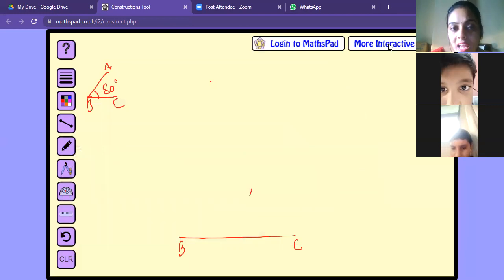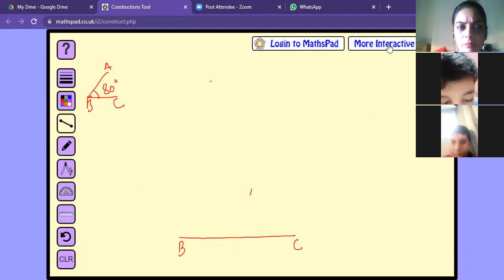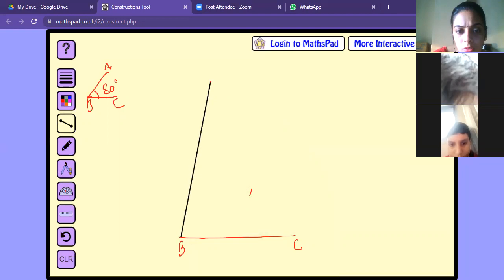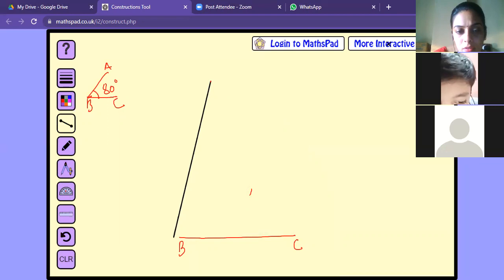Now what do we have to do? I have got 80 over here. So what should I do? I removed the protractor, because I want to join a line, right? So I have to join it at B. This way we can join at B, right?